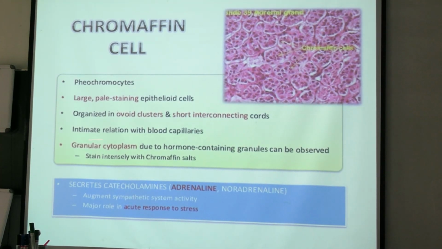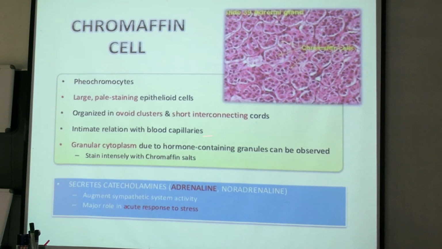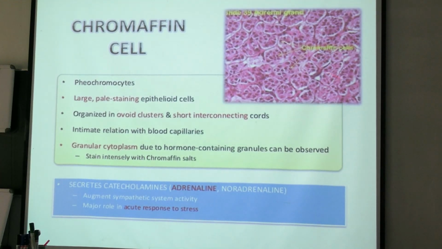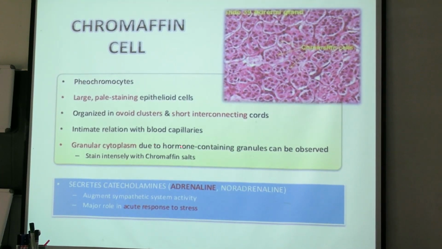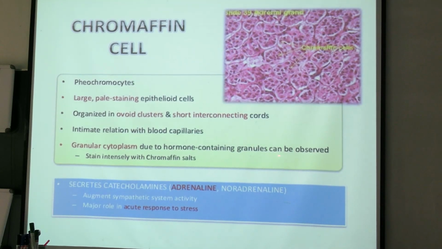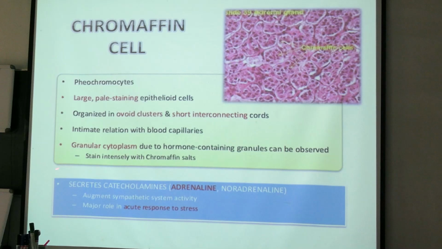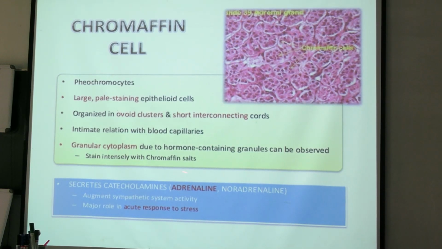The intimate relation with blood capillaries is present in this region in medulla, and granular cytoplasm due to hormone containing granules can be observed, due to which it stains intensely with chromaffin salts.